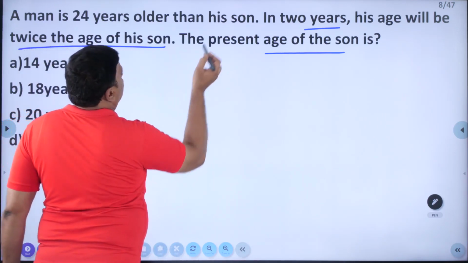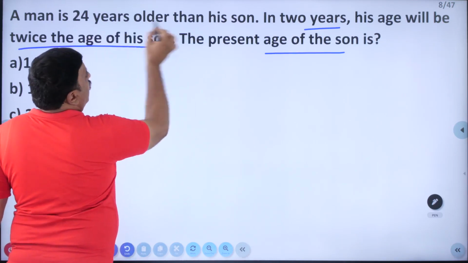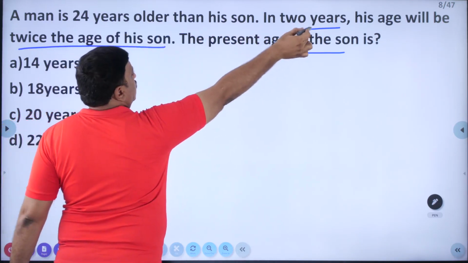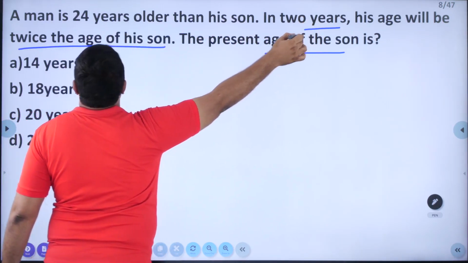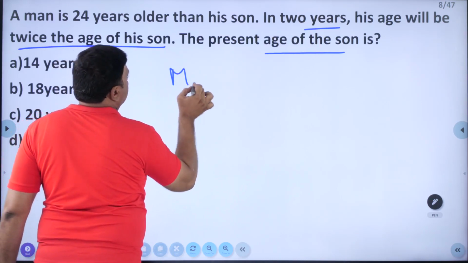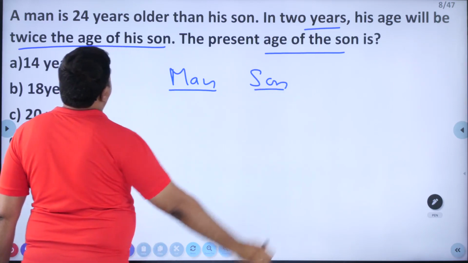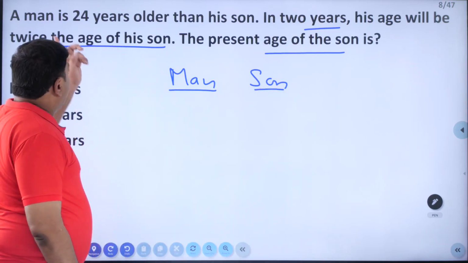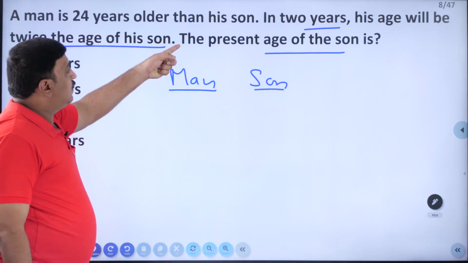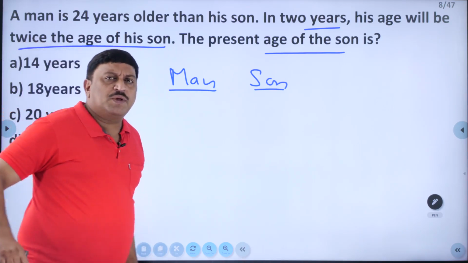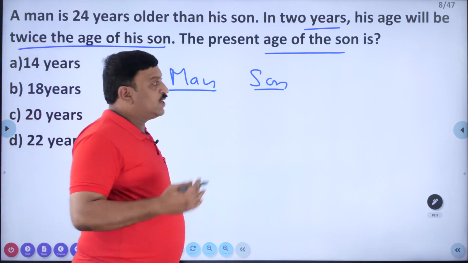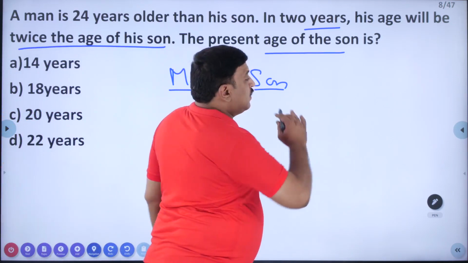So here, first of all, a man and a son are there. A man is 24 years older than his son. What do you mean by that? The difference of their ages is 24 years. I have to write that on the right hand side.